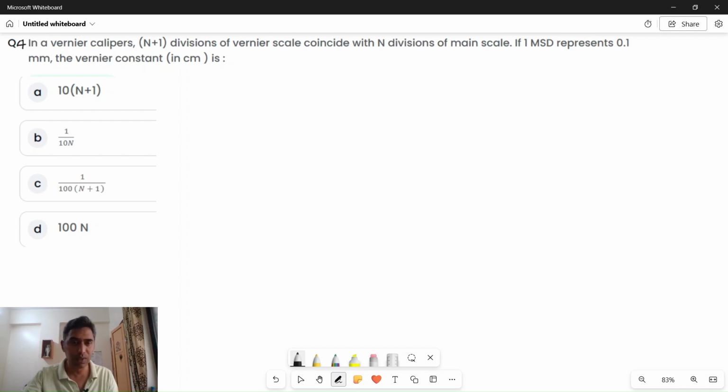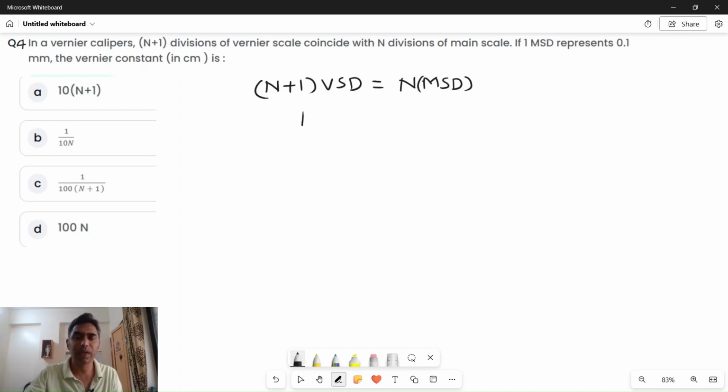Okay, if you just see what is given, n+1 vernier scale division is equal to n divisions of main scale ಕೊಟ್ಟಿದ್ದಾರೆ, right? So n into MSD. Okay, so from here we can get 1 VSD. 1 VSD will be equal to n upon n+1 MSD, correct?